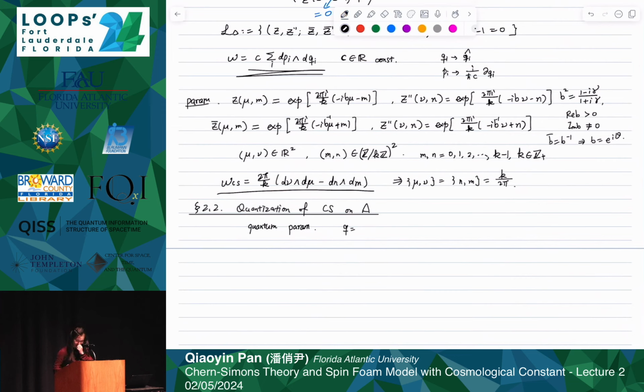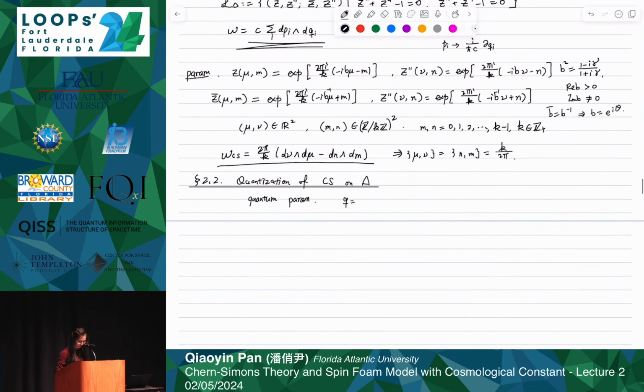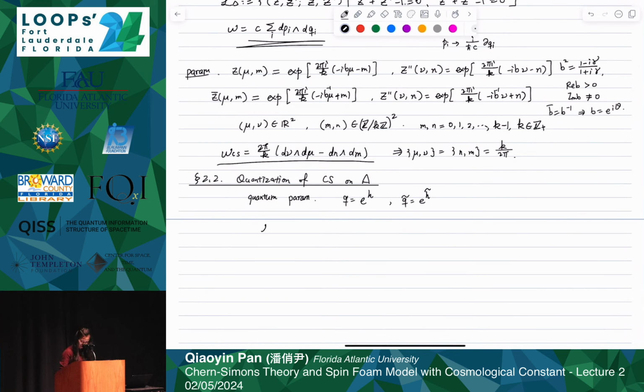Okay, let's quantize it. We quantize it first by introducing a quantum parameter q, which is the exponential of another parameter h, and q tilde, another quantum parameter, or e to the h tilde. And this h is a function of the complex coupling constant.